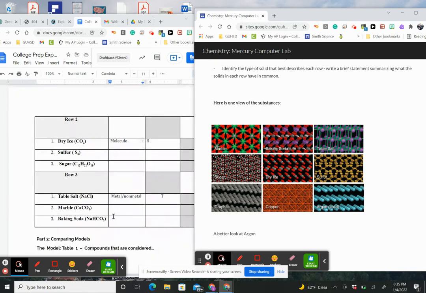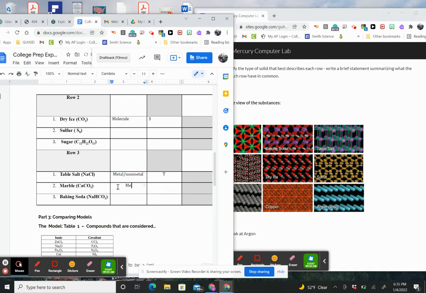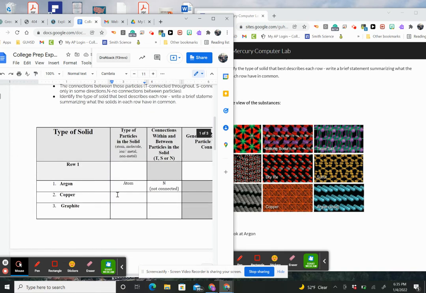And then finally down here for table salt, what do you have? Table salt is NaCl. I have a metal and a nonmetal. Marble is CaCO3. I have metal, nonmetal. So in the end, I have atoms, molecules, ions, metal, nonmetal.